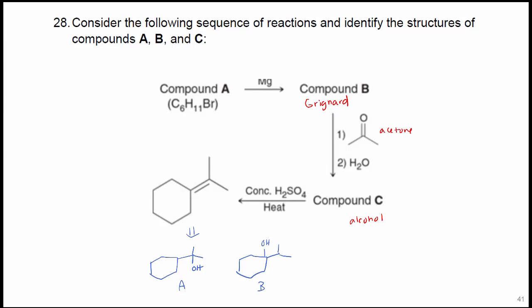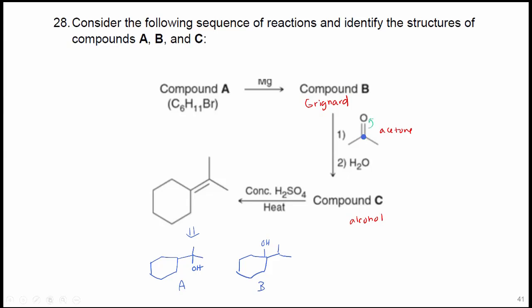All right, so it looks like a lot of you are opting for B. And we'll take a look at this a little bit more closely here. So if this Grignard structure compound B is whatever it is, it's going to attack this carbon right here. And when it does that, the electrons are going to go onto the oxygen.